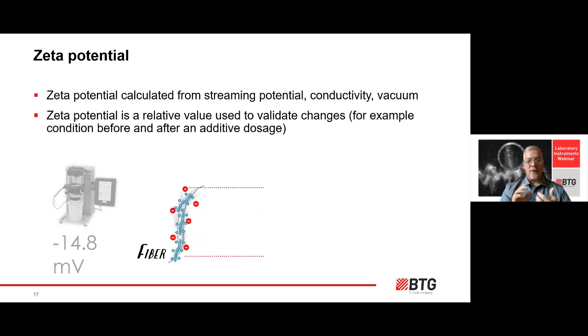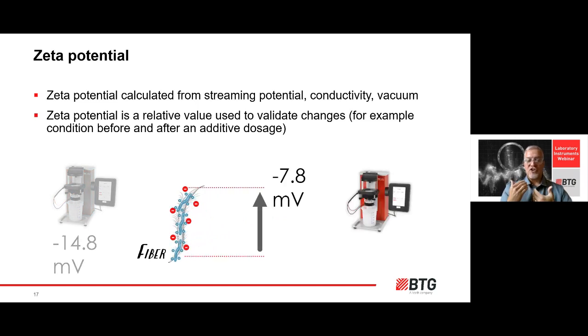When those additives go on the fiber, we will see a change in the zeta potential resultant from the use of cationic materials adhering to and basically neutralizing a lot of those anionic positions. And the difference between those two numbers before and after an additive really helps us understand: did the additive go on the fibers? That's excellent information when you're reviewing your system and mapping it from back to front across where your additives run.